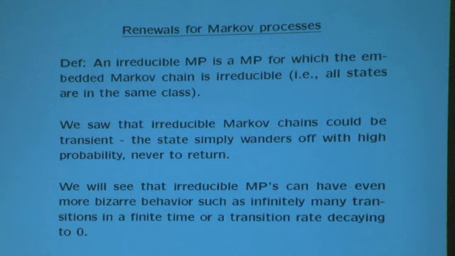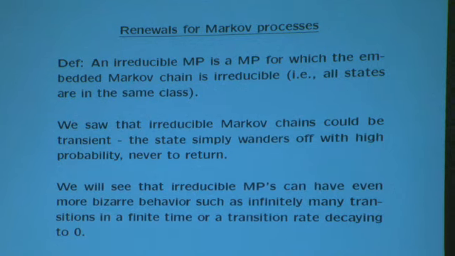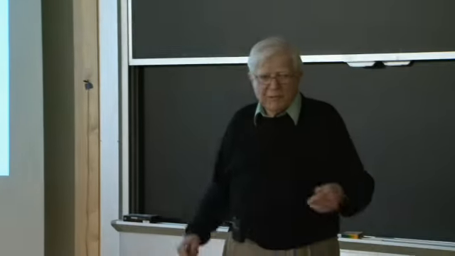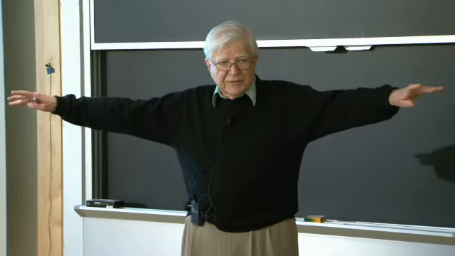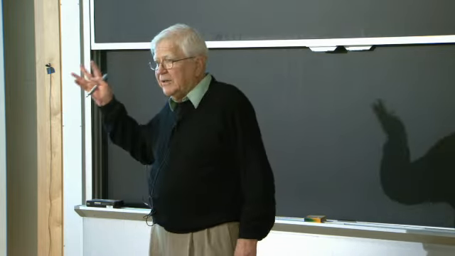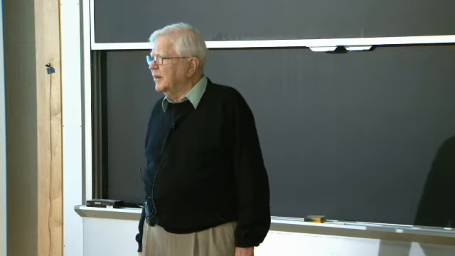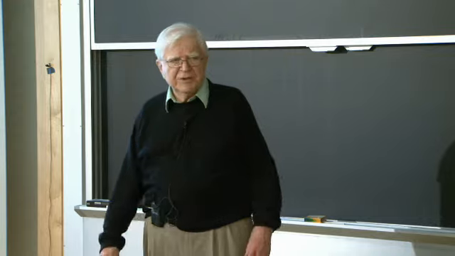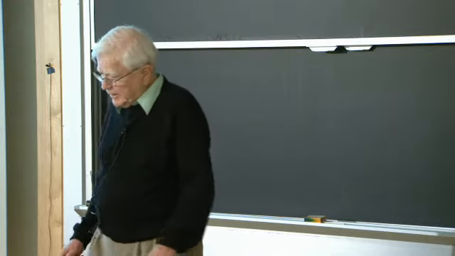I can write these equations, I can solve these equations, but they don't mean anything. In other words, we usually write equations for steady state, but as we saw with countable-state Markov chains, steady state doesn't always exist. There it evidenced itself with steady state probabilities that were equal to 0, which said that as time went on, things just got very diffuse, or things wandered off to infinity. Here it's this much worse thing, where in fact you get an infinite number of transitions very fast, and we'll see how that happens a little later.